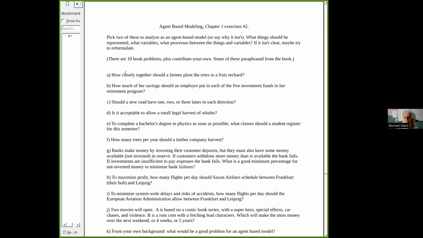So for problem A here, it's a little hard to think about because trees don't move. Whereas for the little programming exercise you had, mushrooms were being grazed and eaten, right?